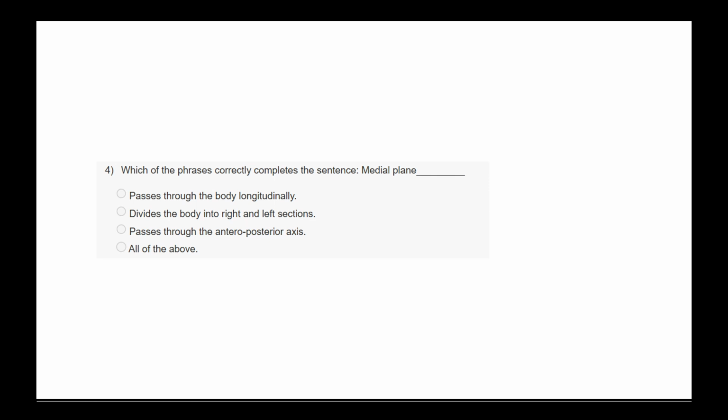Which of the phrases correctly completes the sentence? Medial plane: A, passes through the body longitudinally; B, divides the body into left and right sections; C, passes through the anterior posterior axis; or D, all of the above.